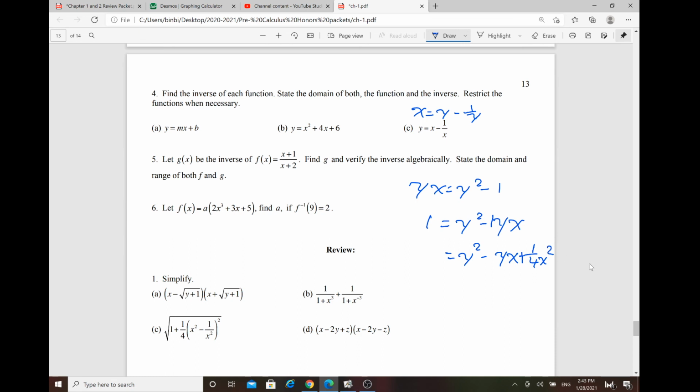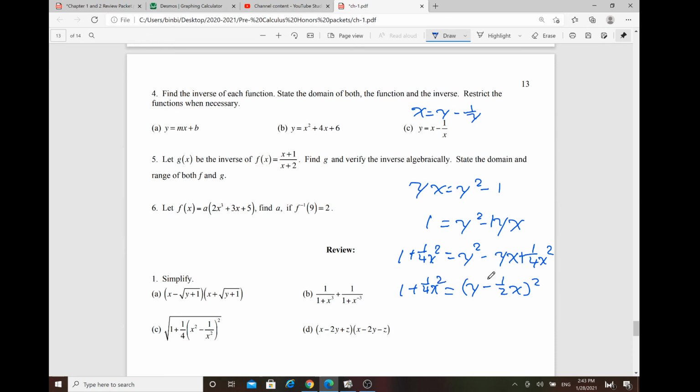And by the time that you factor this, on this side you want to add 1/4 x squared. So try to factor this completely. So it's y minus 1/2 x, quantity squared. And then we got 1 plus 1/4 x squared on the left hand side.